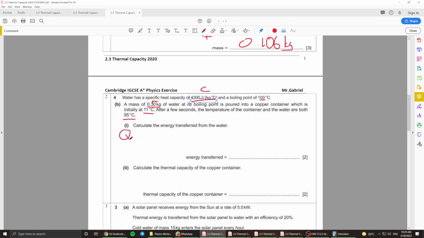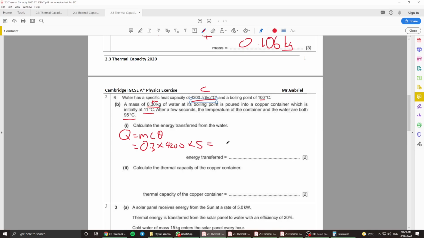Yet again, this is going to be a Q equals to M C theta question. The M is going to be obviously 0.3. Your specific capacity is 4,200. And your change in temperature is essentially going to be 5, right, because the water is going from 100 degrees Celsius to 95 degrees Celsius.